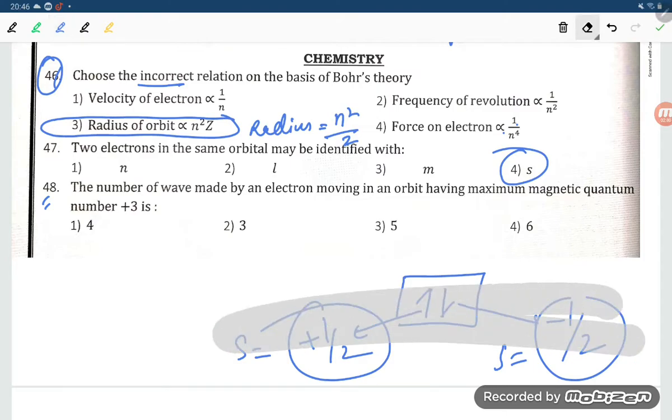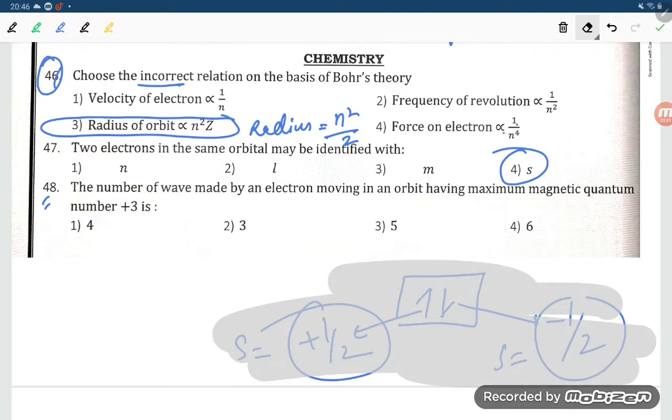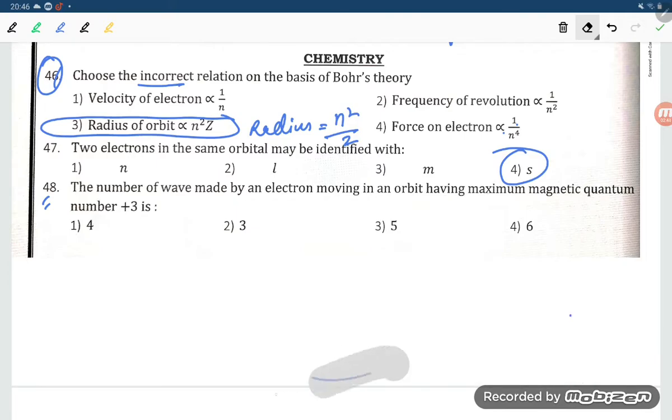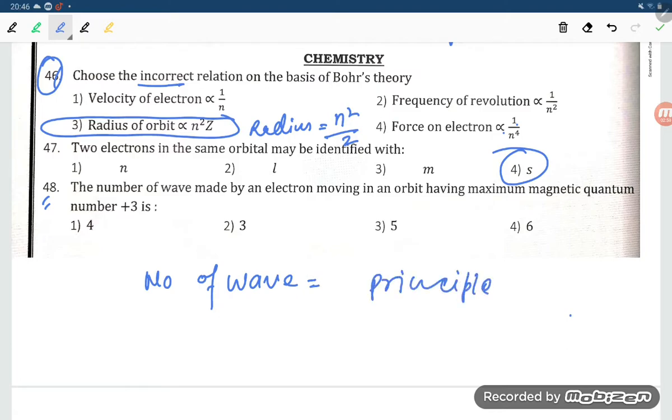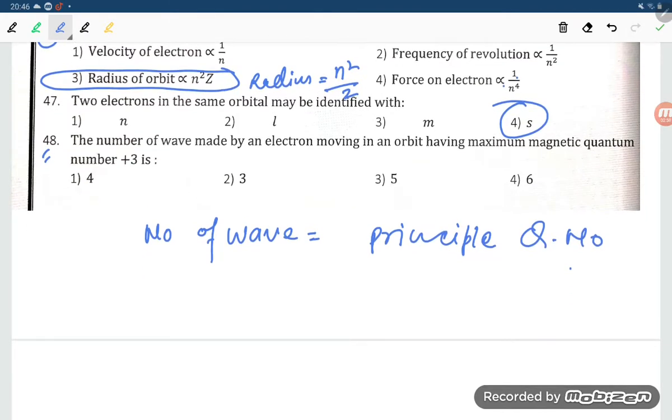How can you solve this question? This is also quite easy, student. The number of waves is equal to the principal quantum number. They are saying m is equal to plus 3.